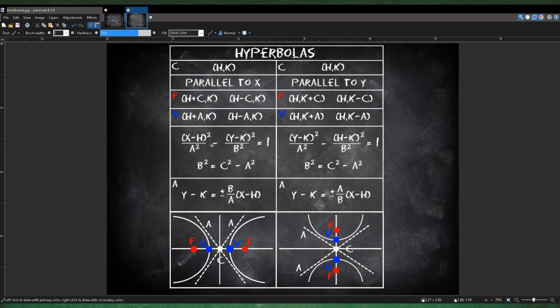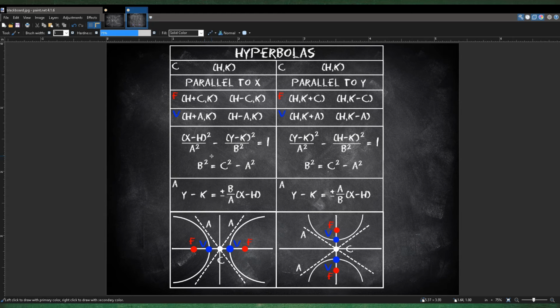Instead of ellipses where the terms are added to each other, now they're subtracting each other. And to get that constant, you now have to add the bottom portions of the equation. In the ellipse solution, to get the constant, you take the larger number minus the smaller number, and then you square root it.